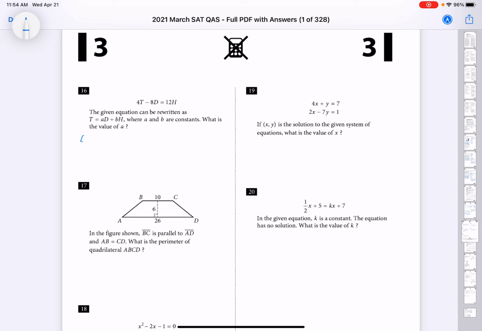So first we'll say 4T is equal to, we're going to add 8D to both sides, and we're going to get 8D plus 12H. Divide everything by 4. T is equal to 2D plus 3H. And we only really care about the A value. So the A value is the value in front of D, so A is equal to 2. The answer for number 16 is 2.